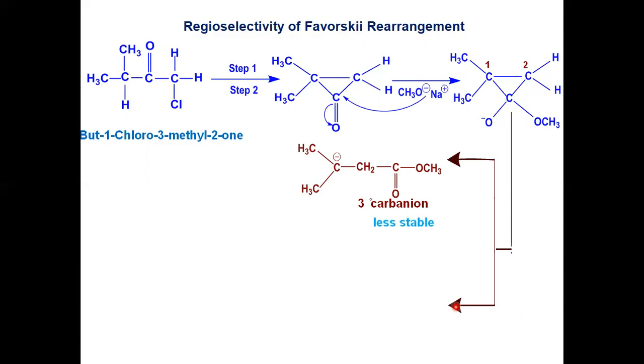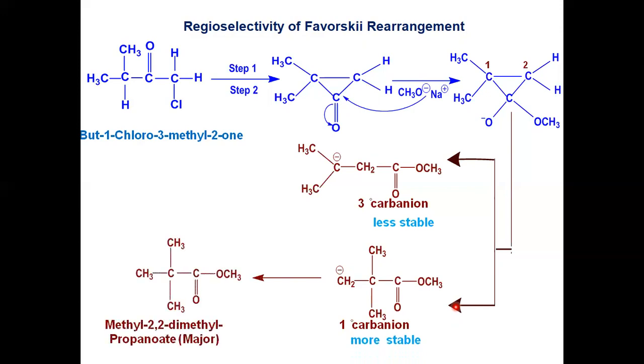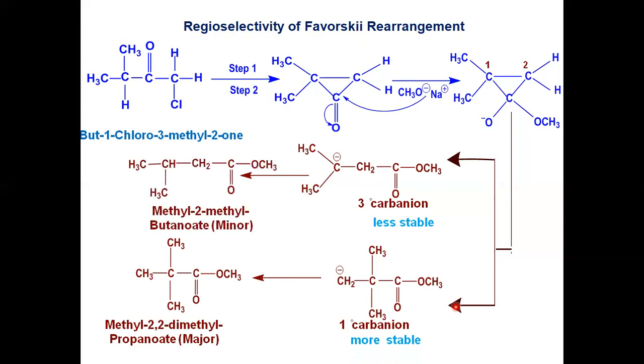And if the electron pair is transferred to the second carbon, then a primary carbanion will form, which is more stable. The primary carbanion abstracts a proton from the solvent and forms methyl 2,2-dimethylpropanoate, which is formed as the major product.